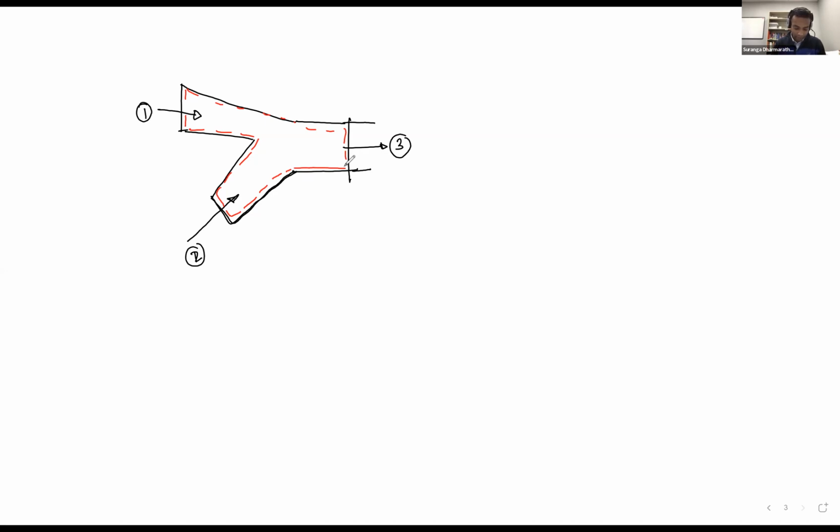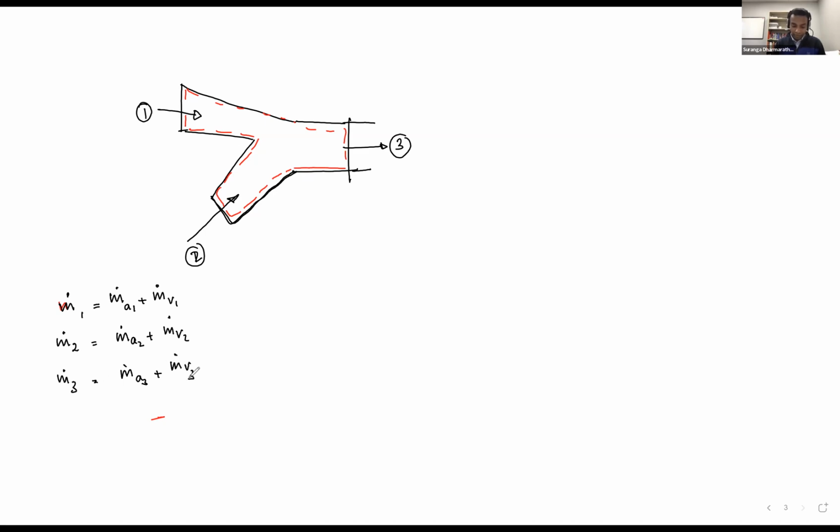So m dot 1, the total mass flow rate of 1, is equal to m dot a1 plus m dot v1. And m dot 2, mass flow rate 2, is equal to m dot a2 plus m dot v2. And I can also write m dot 3, the mass flow rate at 3, is equal to m dot a3 plus m dot v3.